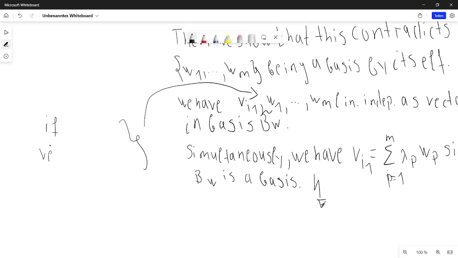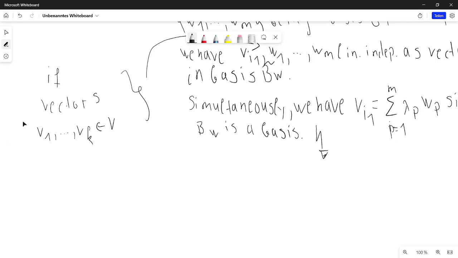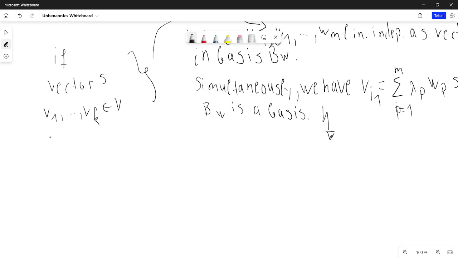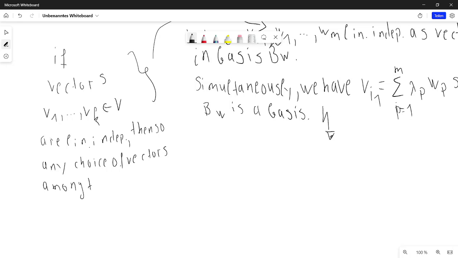Vectors A1 to ek, now elements of V, some vector space over K, of course, a field, are linearly independent, and so any choice of vectors M1 and R2, M1, 2.